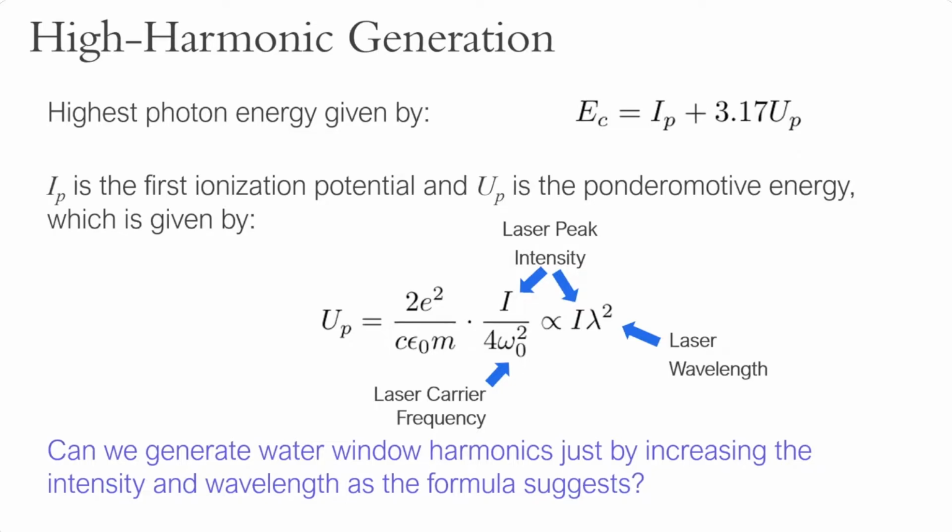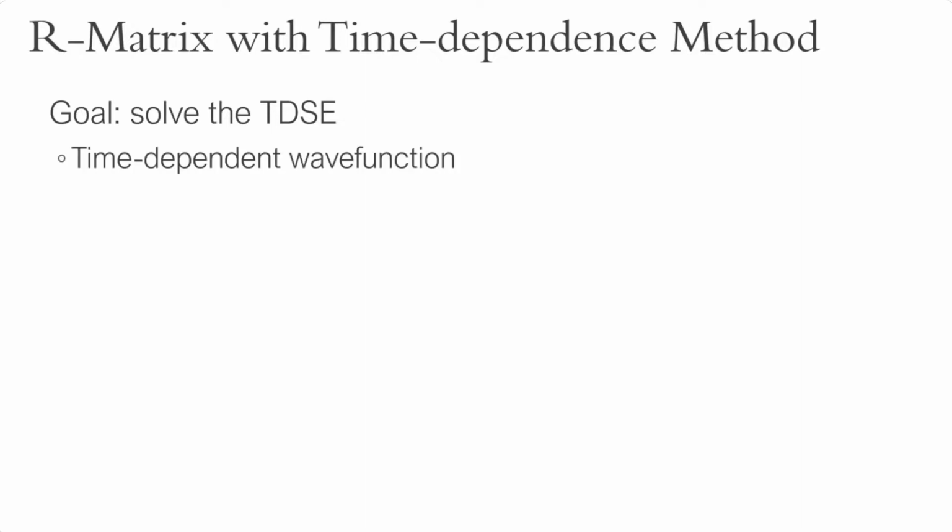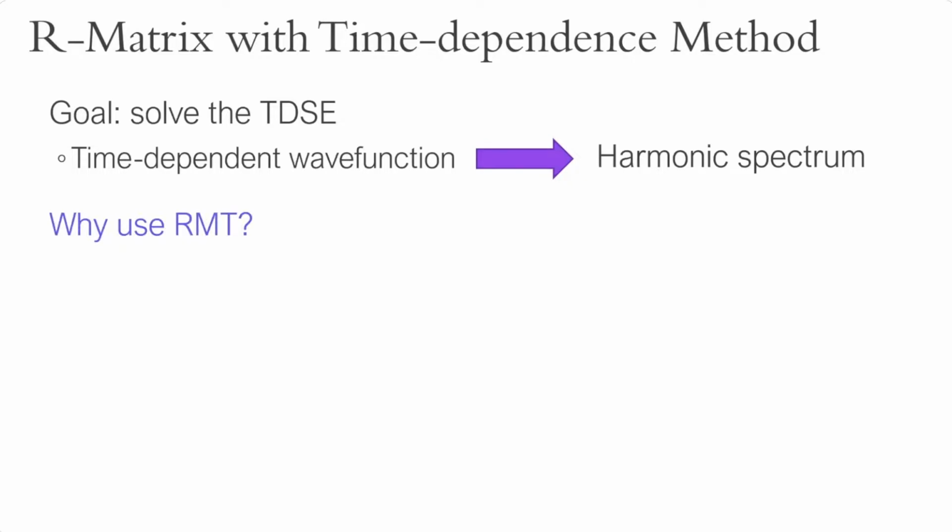And we're going about this by using what's called the R matrix with time dependence method, or RMT. The goal of this method is to solve the time-dependent Schrodinger equation. And we do this using a time-dependent wave function from which we find our harmonic spectrum. Granted, there are some steps in between here, but that's the gist of it. But why use RMT? Well, first, RMT includes some multi-electron effects that aren't normally taken into account when high harmonic generation calculations are performed.